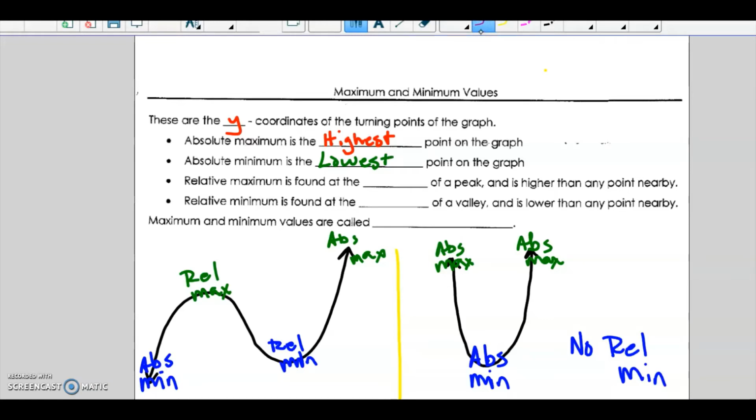The relative maxima is found at the top of a peak. So here, this is the peak of like a mountain, and so that becomes the relative max. And the relative minimum is found at the bottom of a valley. So down here, this would be the bottom of a valley.